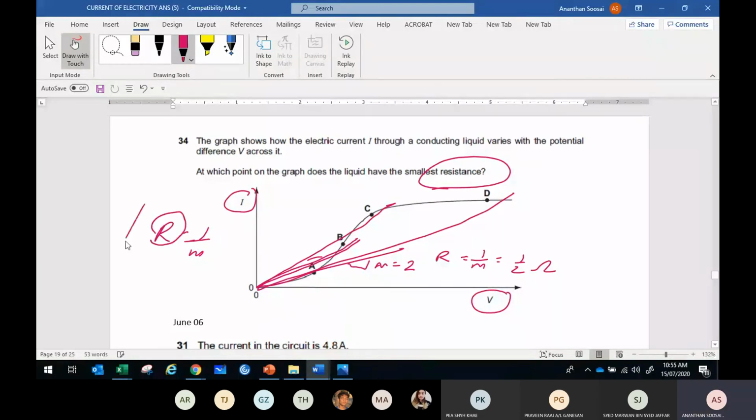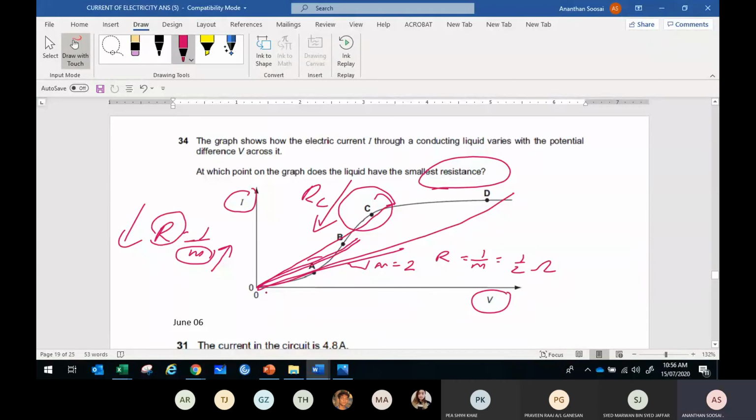To get the smallest resistance, the gradient should be the highest. So which line has the greatest gradient? A, B, C, D? Of course, C has the greatest gradient. Therefore, the resistance of C will be the lowest.